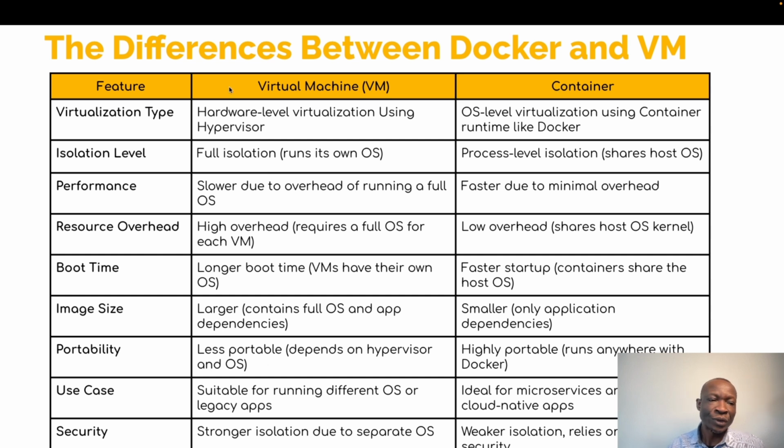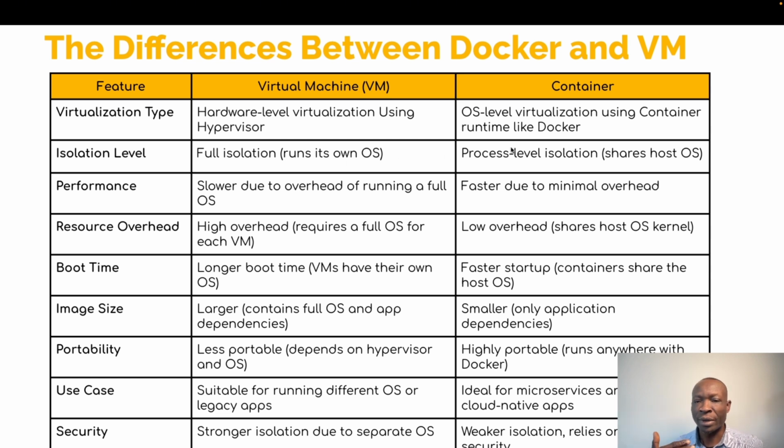You can go through them, but basically you see that when you use a virtual machine, you're actually having a full isolation for your environment, which is good from a security perspective, but that also makes them kind of slower and also not really very portable when you want to move them from one environment to another. In the case of containers, they are very, very lightweight.